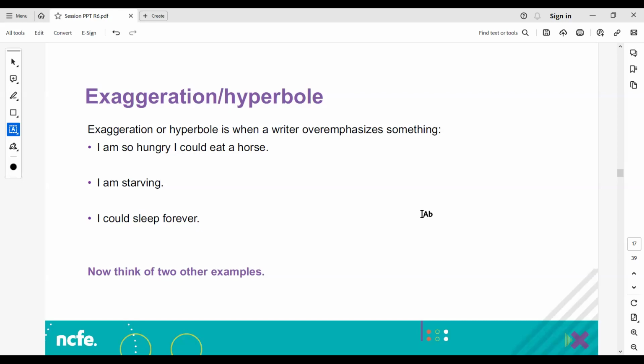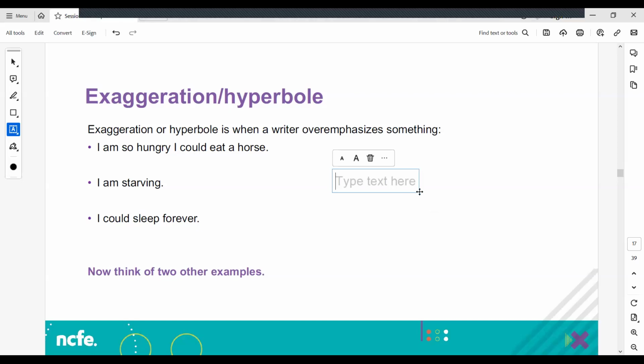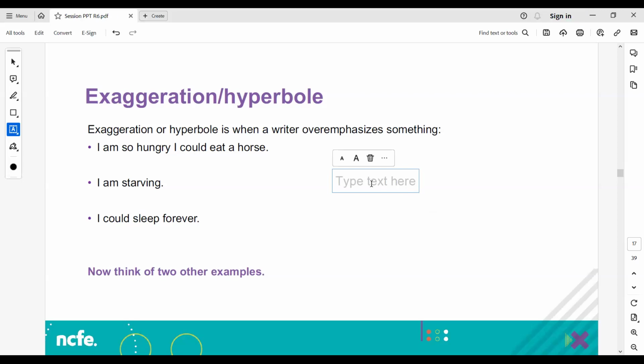Can anyone think of an example of exaggeration? It might be something you've heard or just something you can come up with now. Imagine you've got a big workload. You've just been given a lot of work to do. It's going to take a long time. What might someone say to describe that using exaggeration?